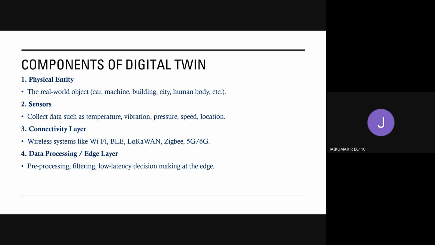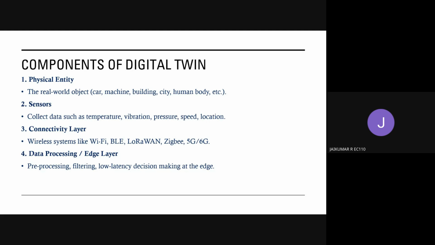We need to have proper data of the original machine. For example, if you want to extract the machine temperature or vibration or pressure, speed, motion, location, etc., all can be taken by using a sensor. So sensor is a very important component of the digital twin.